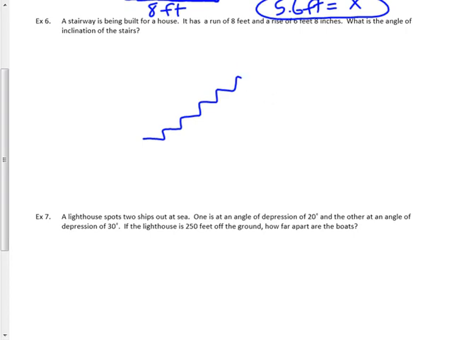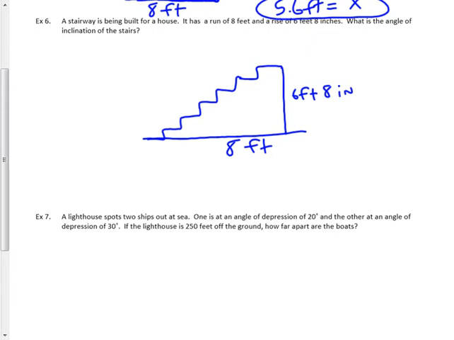You're gonna fall off there. There we go. So we've got a run of 8 feet, from the beginning of the stairs to the end. And the stairs have a rise here of 6 feet 8 inches. What is the angle of inclination?